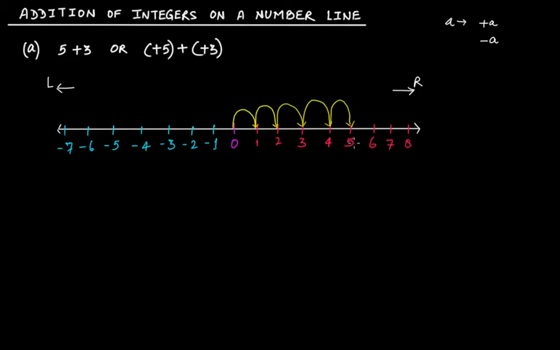Bang, you're at 5. Now again it is saying plus 3. Since it is plus, you have to move towards the right. So again take 3 jumps: 1 jump, 2 jump, and then the third jump, and you are at 8.